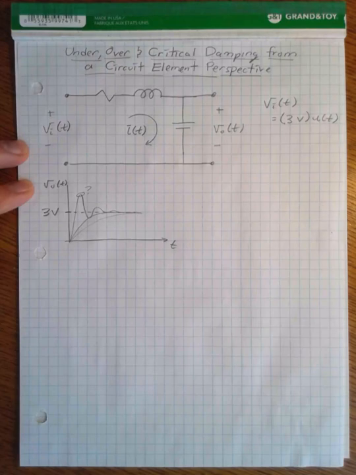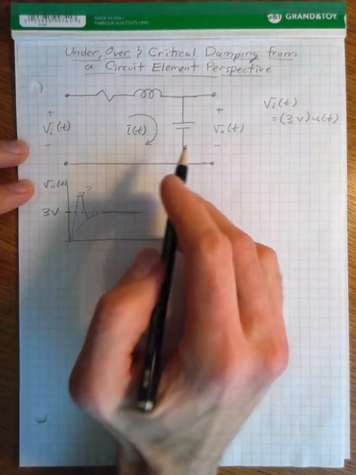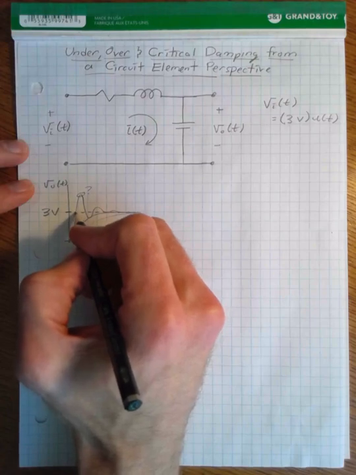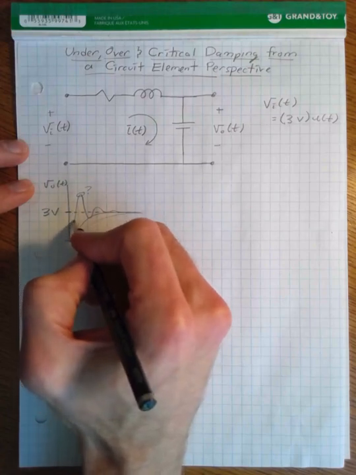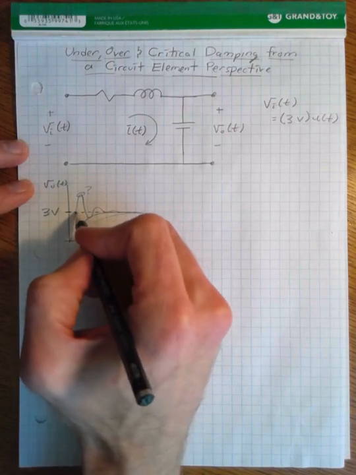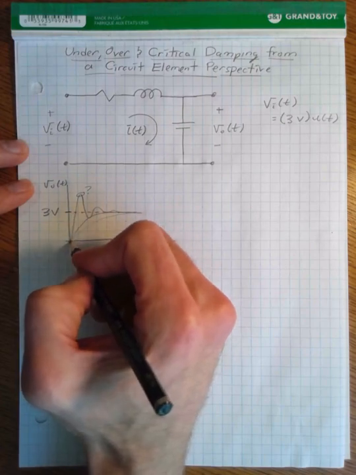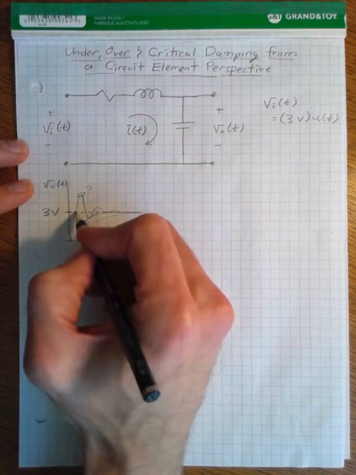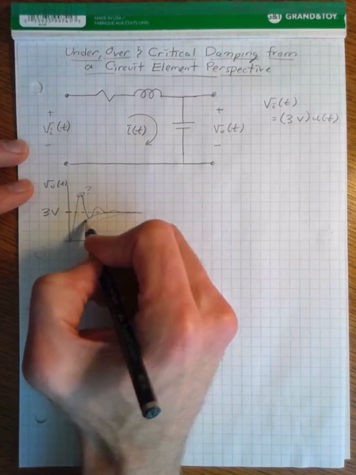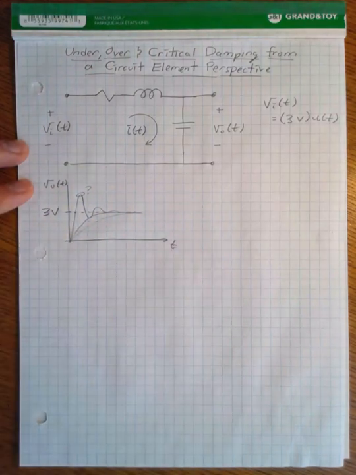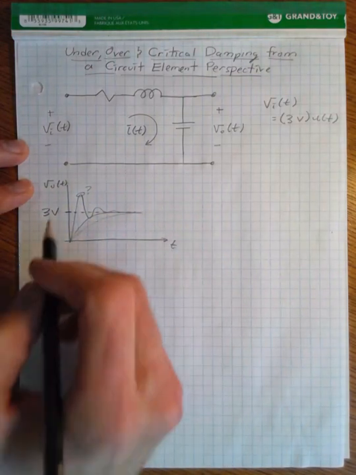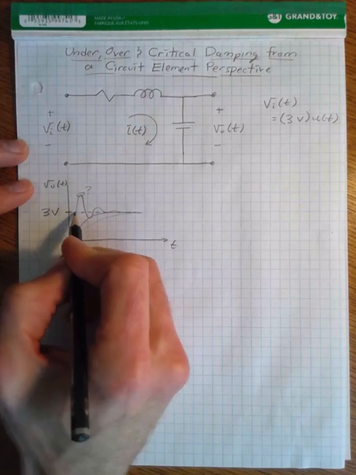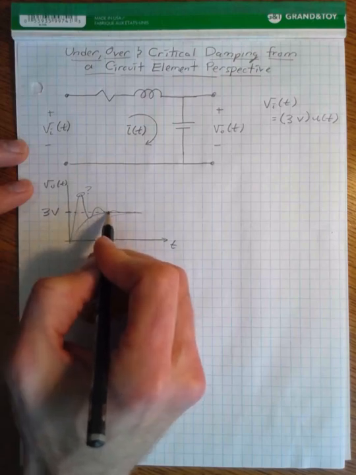And so before very long, our output voltage starts to approach 3 volts. So we charge a lot faster. And you'll have seen this in the underdamped response, right? Our voltage shoots up much faster in the underdamped case than it does for the critically damped or the overdamped case. And so once we hit 3 volts, why don't we just flatline here and stop?